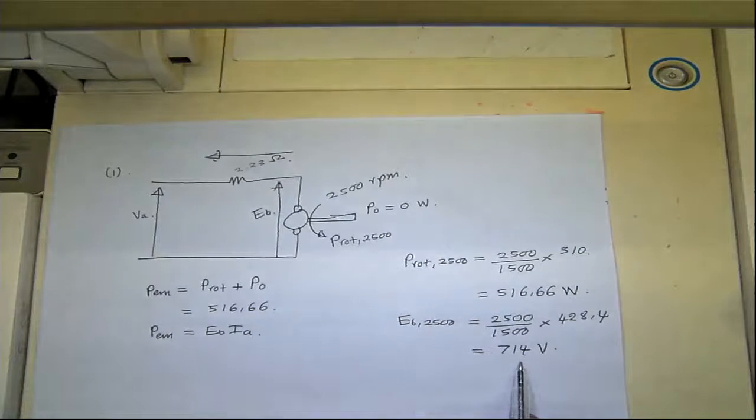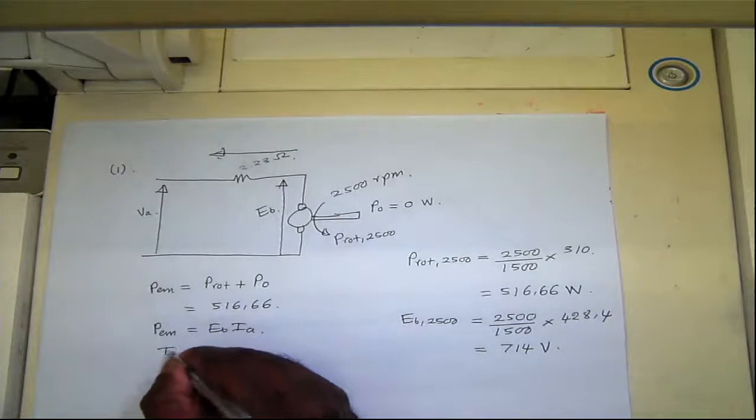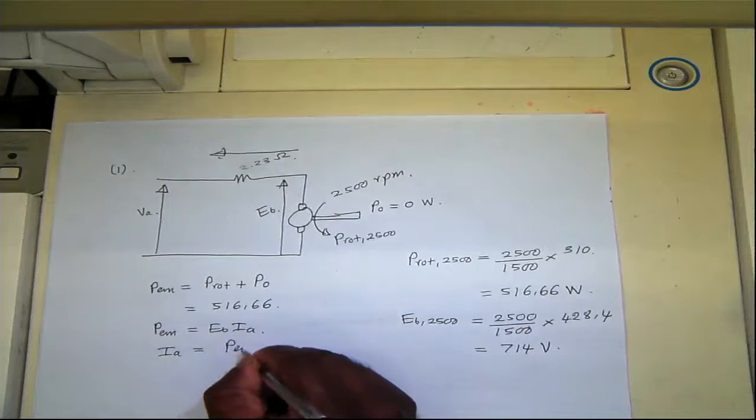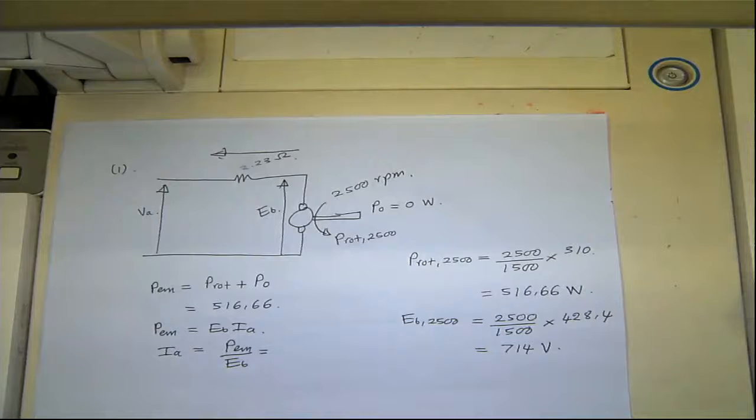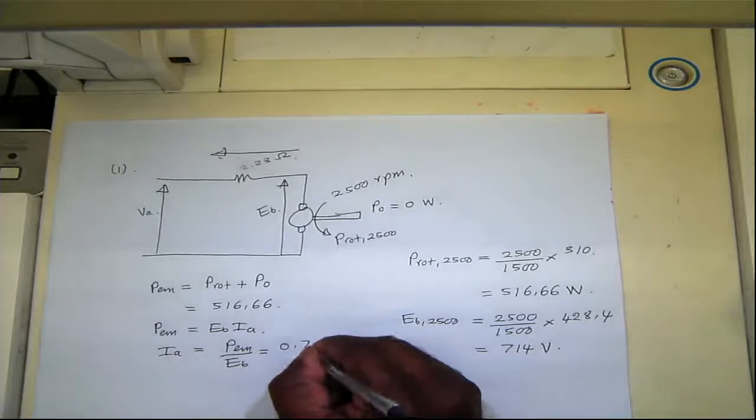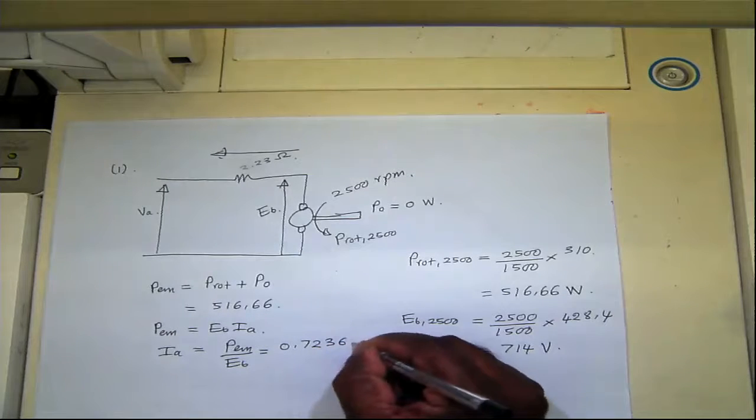We found EB, so we can estimate the armature current, that's PEM divided by EB, which is 0.7236 amperes.